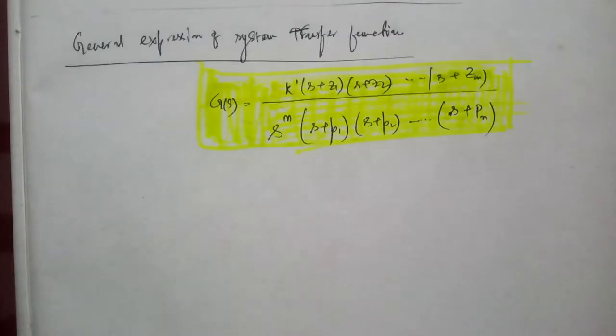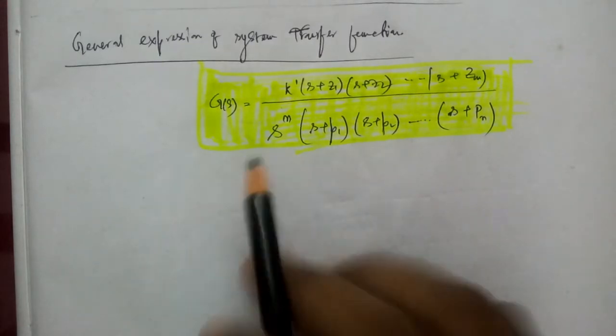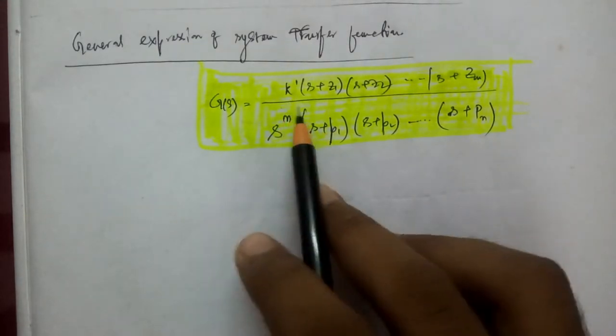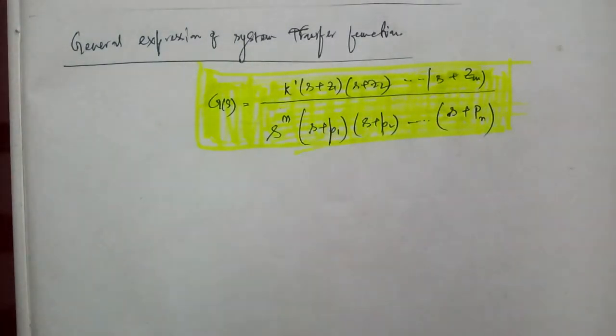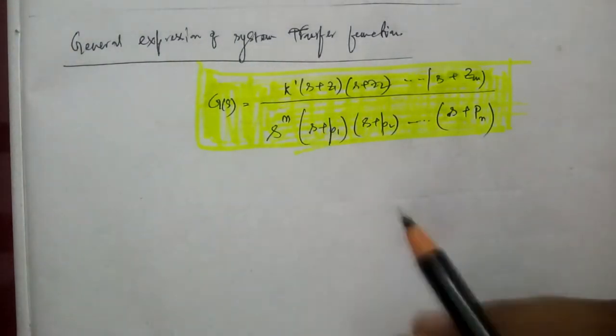Now we have to understand the general expression of any system transfer function. Obviously it will have a constant term K, because any constant term can come out from the expression of s.